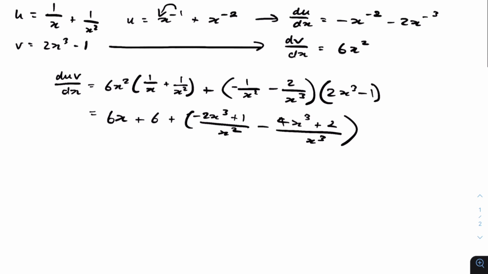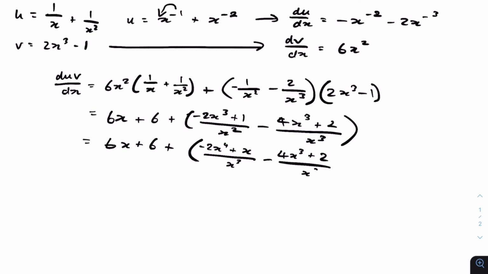And then we can simplify that more. To be honest, the actual differentiation isn't that bad. It's more about the simplification, which is quite annoying. And here I would just take the same base. So I'd change everything to x cubed, so negative 2x cubed times x is negative 2x to the power 4. Then x times 1 is just x. Now this is with the denominator of x cubed, minus 4x cubed plus 2 over x cubed.